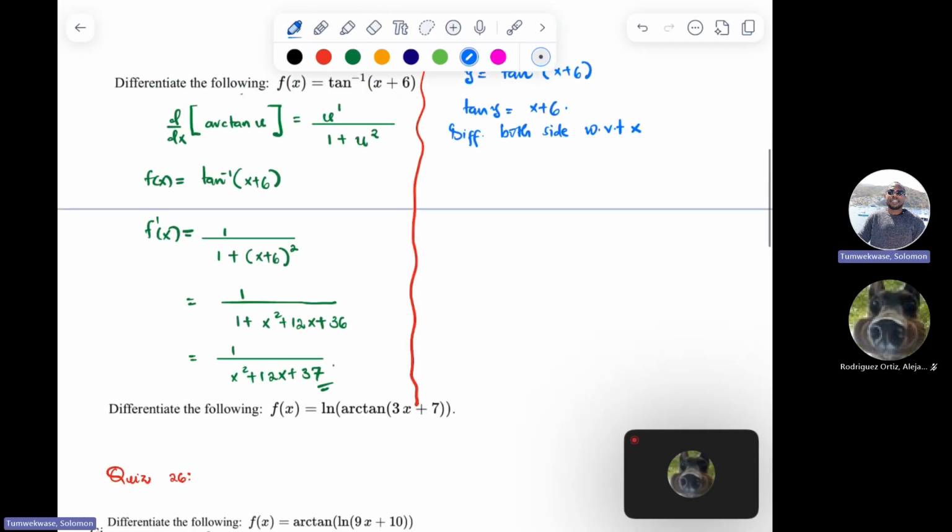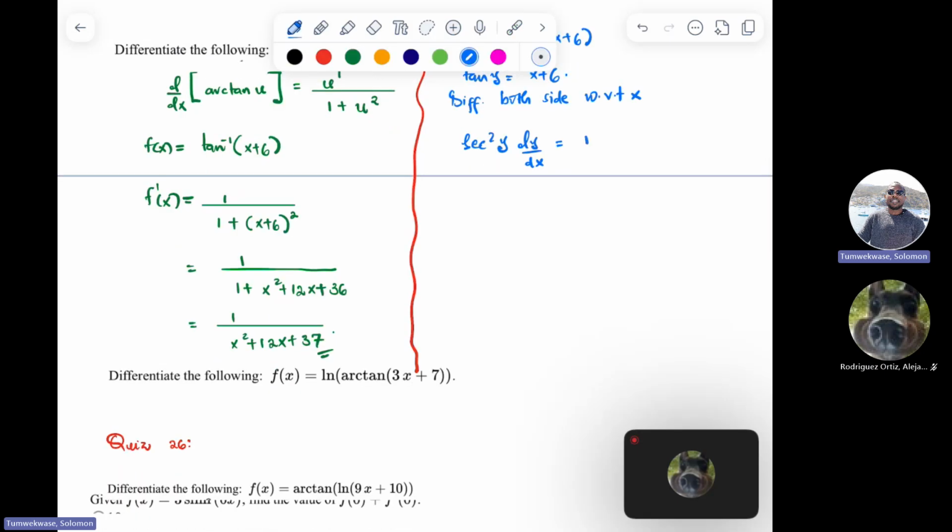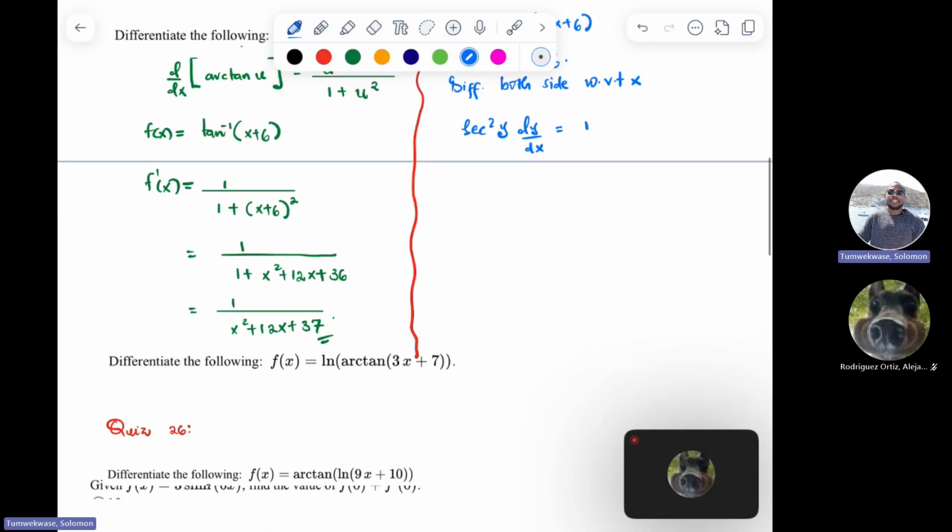And therefore, when I differentiate tangent of y with respect to x, then I get sec squared y, but I'm respecting x, so this is dy dx. And when I differentiate x plus 6 with respect to x, I just get 1, okay?